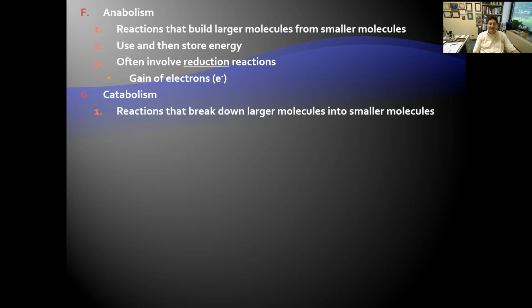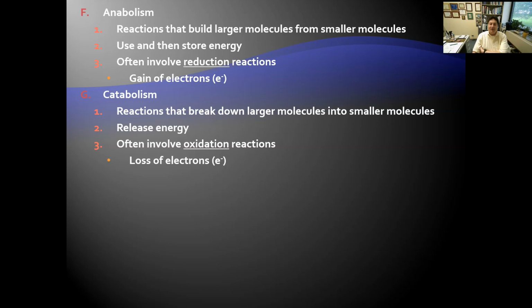Now, the opposite is catabolism. Catabolic reactions, or catabolism, are reactions that break down larger molecules into smaller molecules. When you do that, you release energy. We break something down. Now, catabolism often involves oxidation reactions.